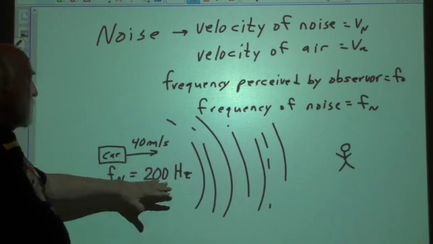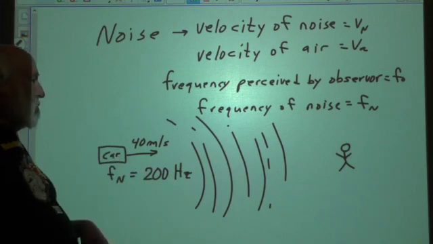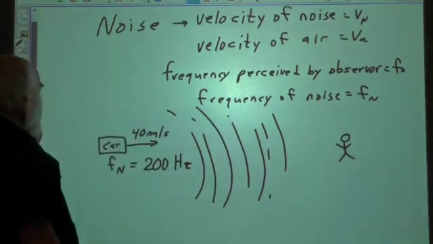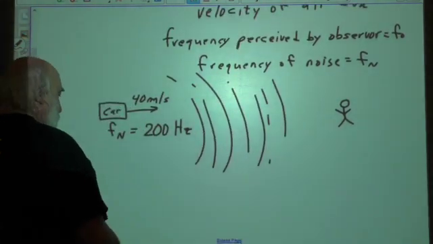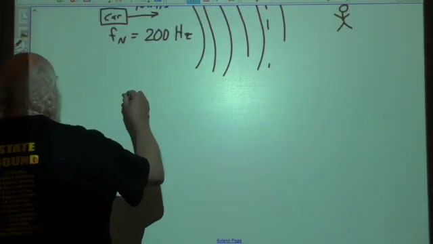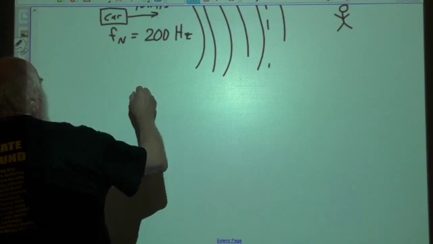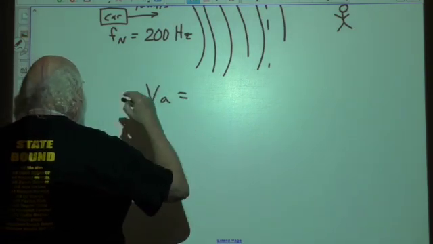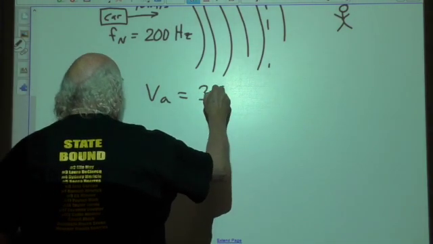Let's say the car horn is at a frequency of 200 hertz, but that is not what this person right here is going to be hearing. So it's going to be related to the speed of sound of air. So let's say that the velocity of the air here is 350 meters per second.